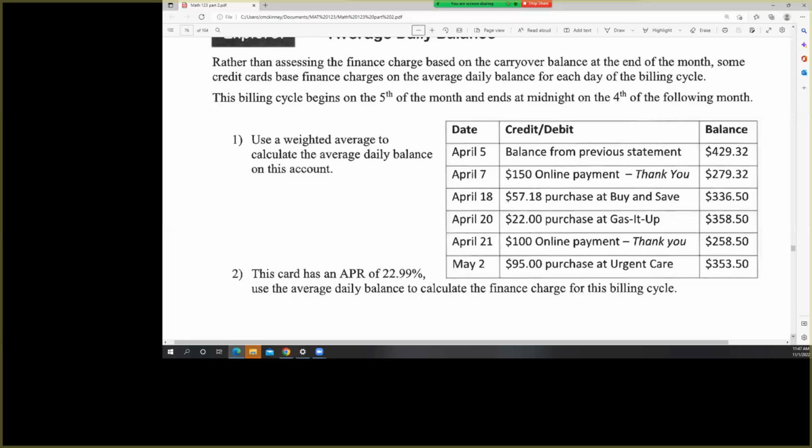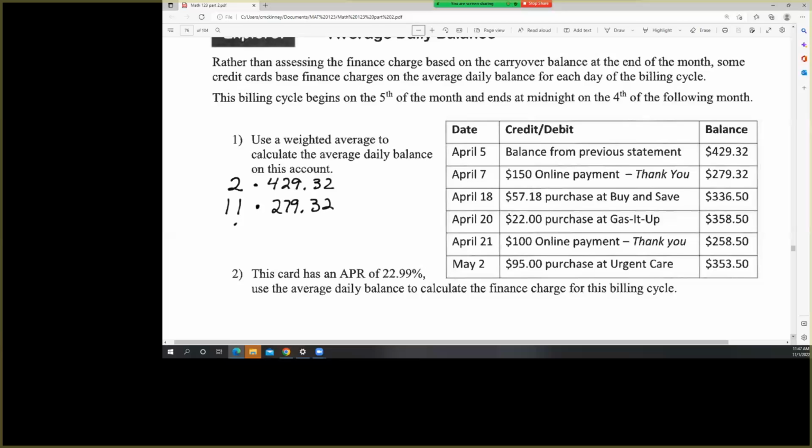April 5th, the balance was $429.32. April 7th, there's an online payment. So there were 2 days. The 5th to the 7th is a 2-day difference. 2 days for $429.32. Then from April 7th until the 18th, so for 11 days, the balance was $279.32.